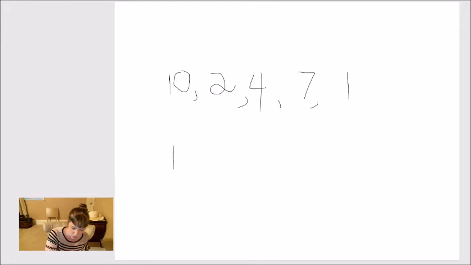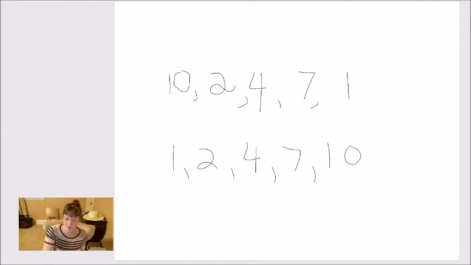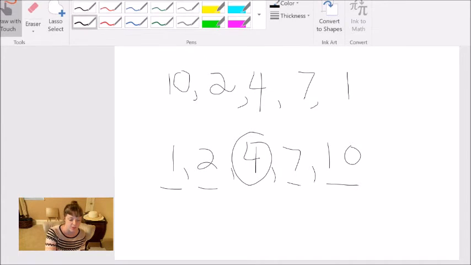So I've got 1, 2, 4, 7, and 10. Now I have them in order, and I simply find the score in the middle. This would be the median because it's the score in the middle, with 2 actual scores above it and 2 scores below it.